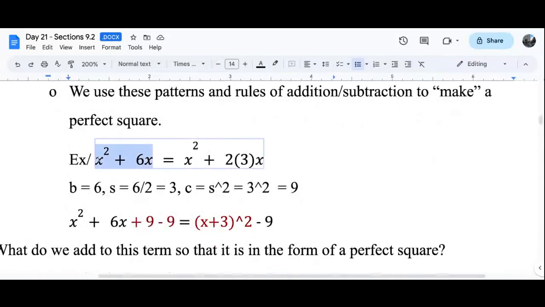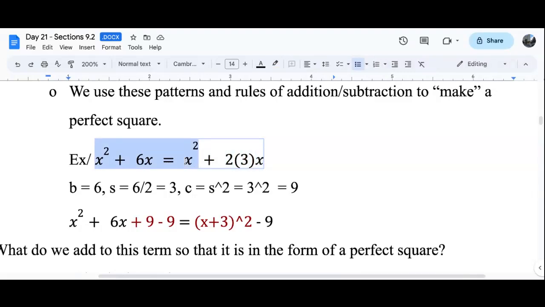So let's see, we want to complete the square for x squared plus 6x. So what do we do? We divide 6x by 2, that's 3x. Of course, we multiply by 2, because this is 6x. We basically want to factor out 2 from 6x. So we factor out 2, we have 2 times 3 times x.